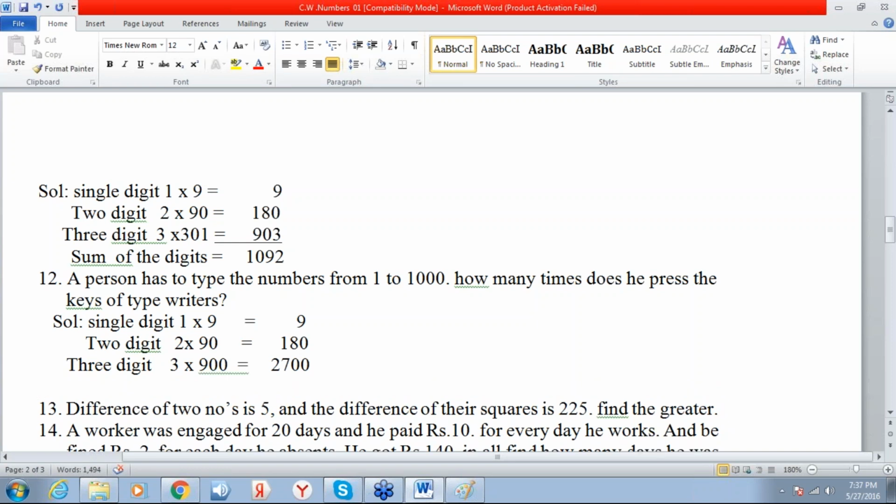Then the number that is left is the four-digit number, 1000. How many four-digit numbers are there in this case?